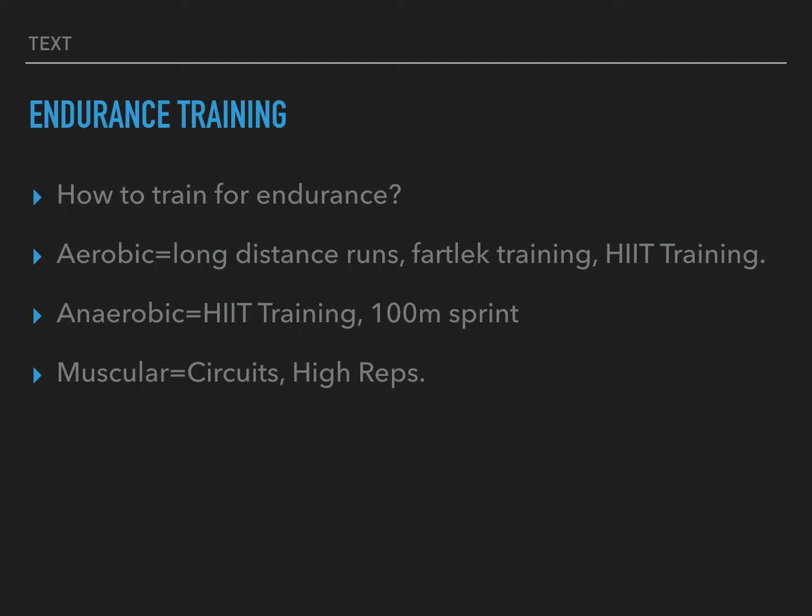If you want to be working anaerobic, then you want to be working for 10 seconds tops, and then taking a good 2-3 minutes rest before you're ready to go again. And this can be done through the likes of maybe sprint training.